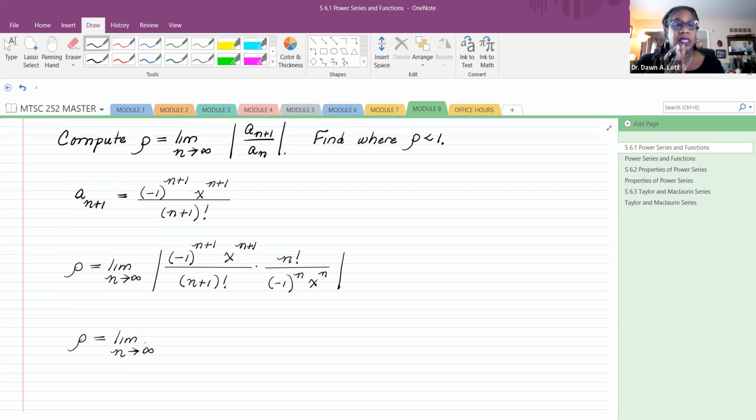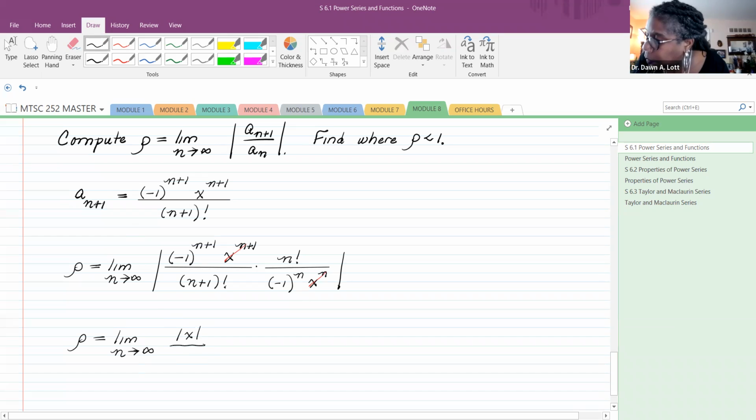Then I'm going to take the x to the n plus 1 over the x to the n, and that's just going to leave me an absolute value of x. And then n factorial over n plus 1 factorial simply gives me 1 over n plus 1, and when I take the limit of that as n goes to infinity for any x, I just get 0.